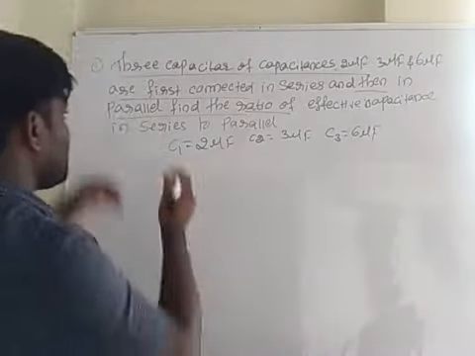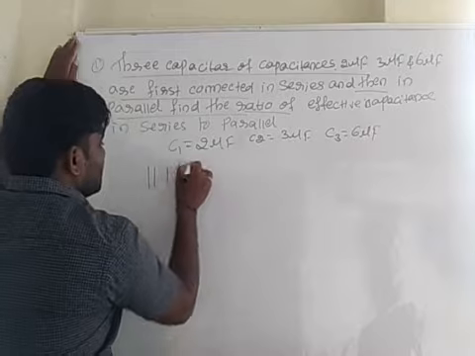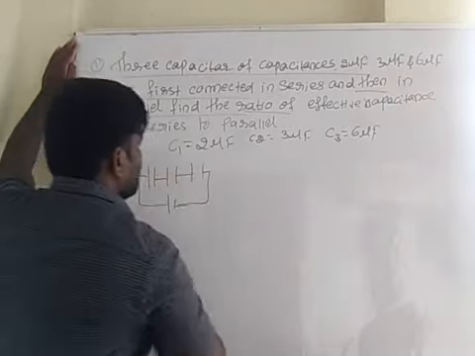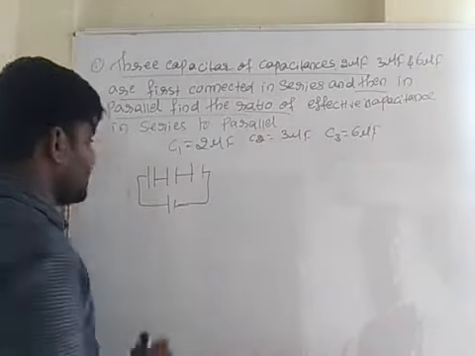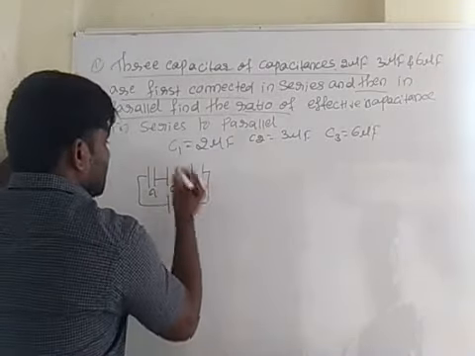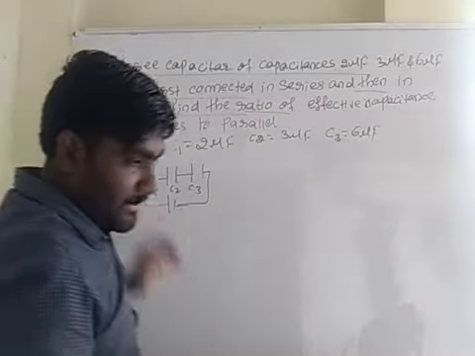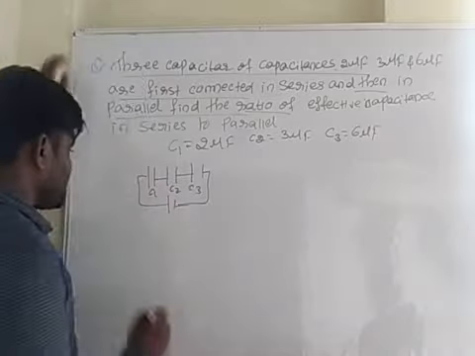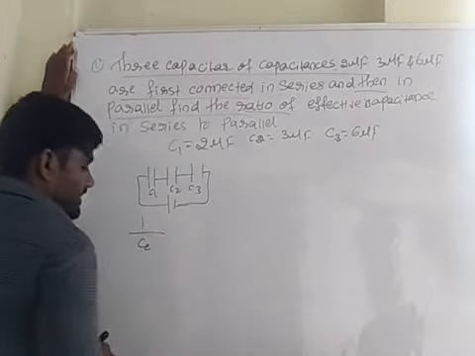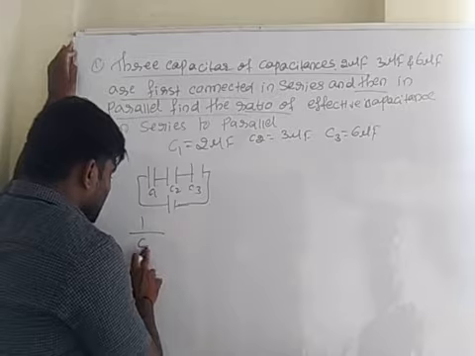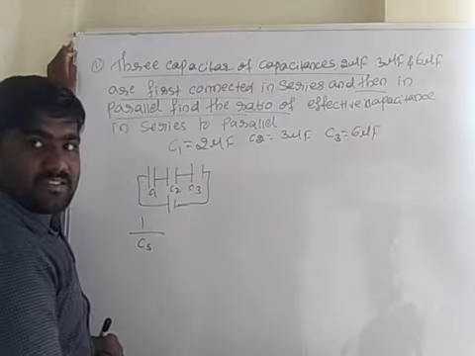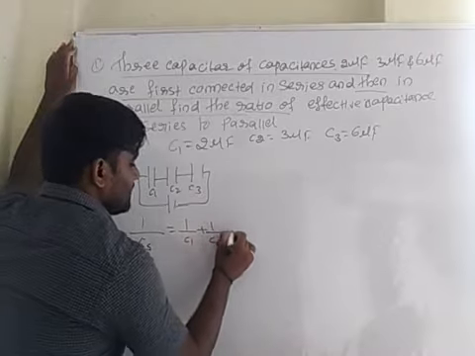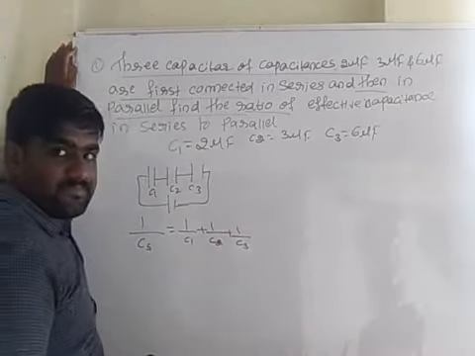First of all, see here, the three capacitors C1, C2, C3 are connected in series. If three capacitors are connected in series, what is our equation? 1 divided by CS, the series combination, is equal to 1 divided by C1 plus 1 divided by C2 plus 1 divided by C3.